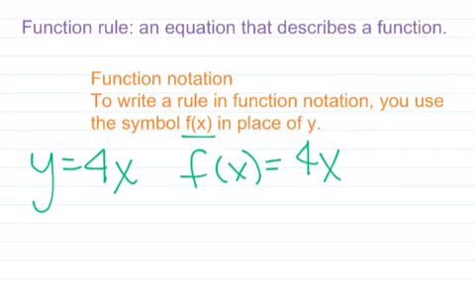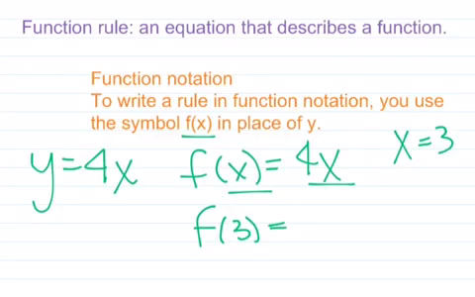If I want to put in, let's say that x equals 3 here, I'm going to fill in for these x values. So it means f of 3 equals 4 times 3. We're just filling in for x. So then this is going to equal 12. So then your y value, or your f of x, is going to be 12.